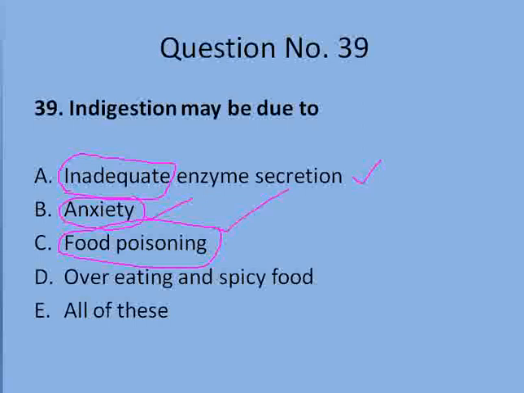Sometimes when we are eating, overeating, the food may be so delicious that we eat more and more, and at the same time, if the food contains a large amount of spicy material, that also causes indigestion.